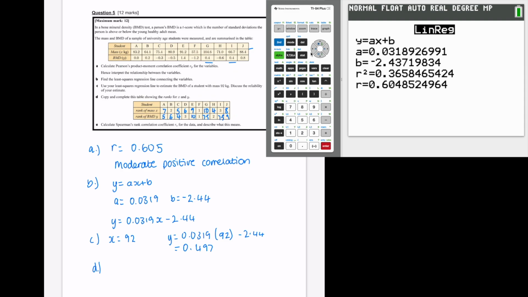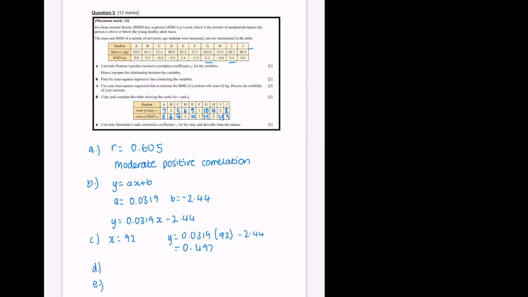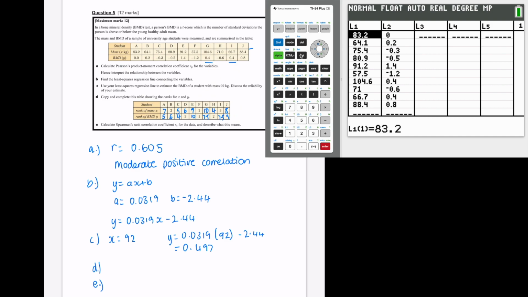So we now need to use our ranked data in order to find my Spearman rank correlation coefficient. So to do this, I'm going to go back to my calculator, and this time I'm going to type in my list but with ranks.